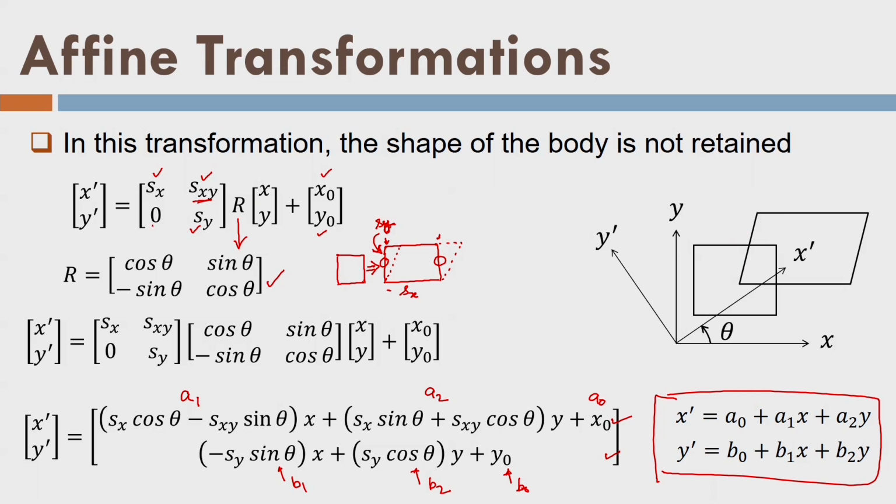And now there is one more factor, 0 here, which means that the sxy shear is happening only along one direction, not in the other direction. That means we can say that one of the bases is fixed and the other base is moving. If this is the base, this point to this point is fixed, although the scales sx and sy are also changing, but the shear happens only in the x direction, and as a result these 2 points are shifting in the x direction.